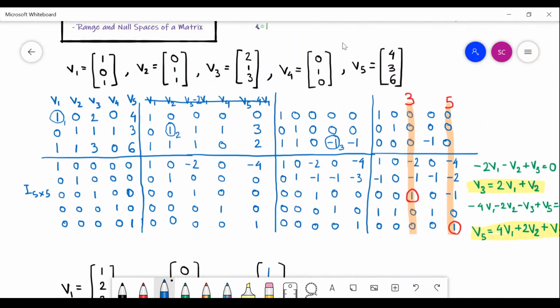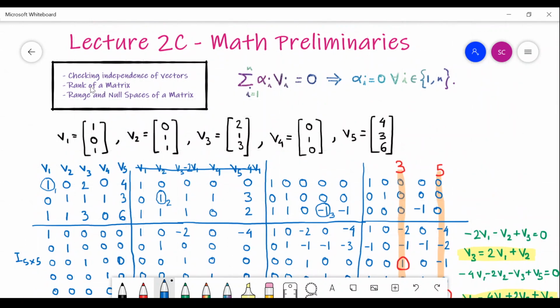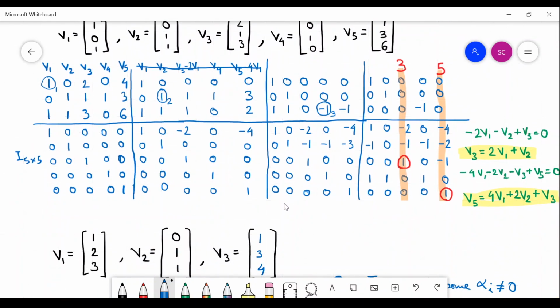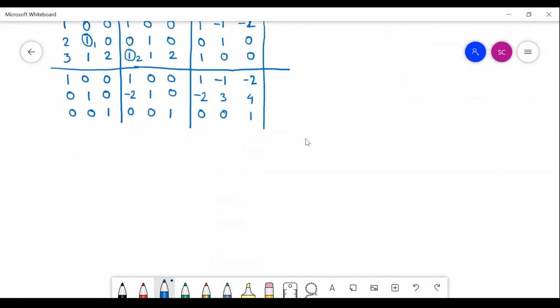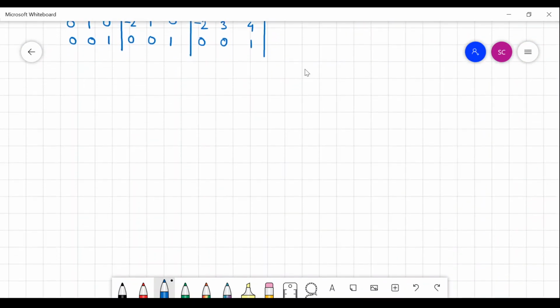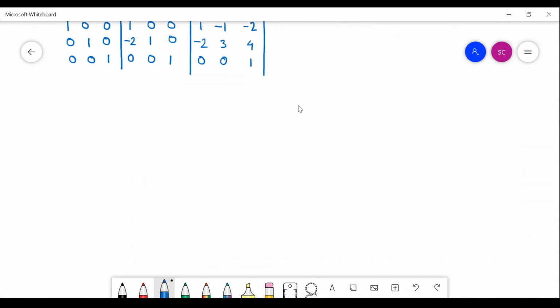So with that knowledge with us, we can now try to look into these concepts. What is the rank of a matrix? What are the range and null spaces of a matrix? So from vectors we would look at matrices now. But what are matrices? As I told in the last lecture, you can view matrices as columns of vectors in some vector space.